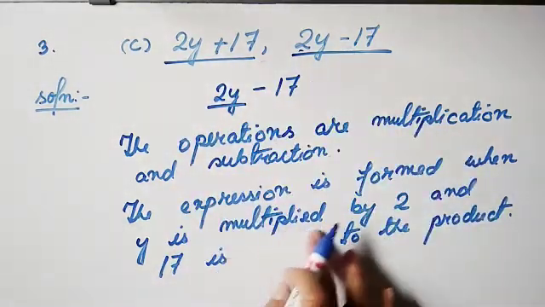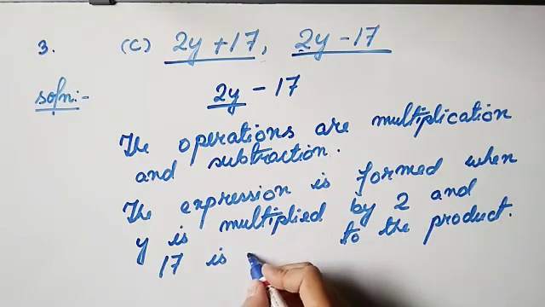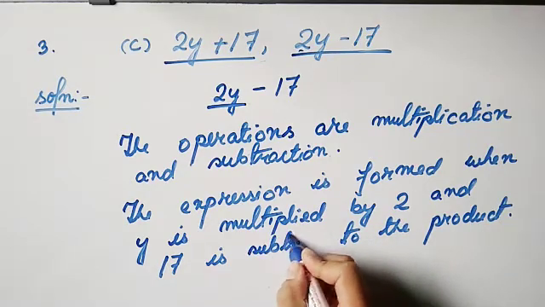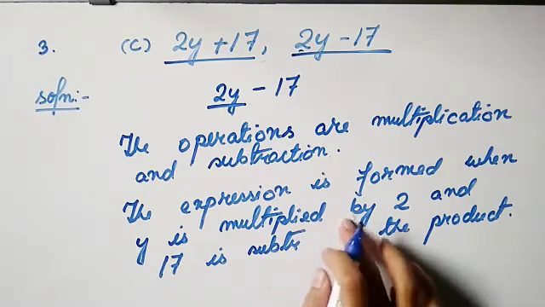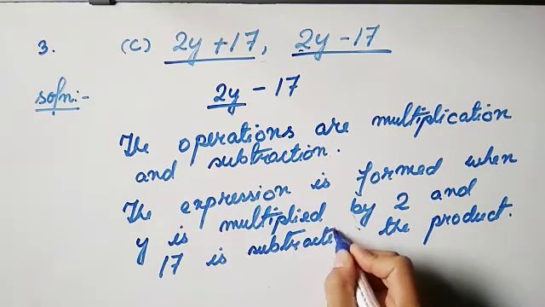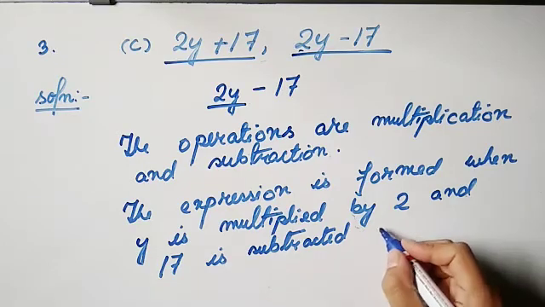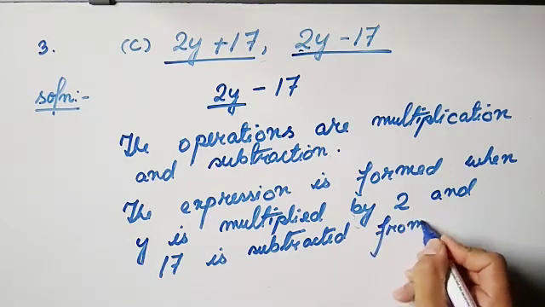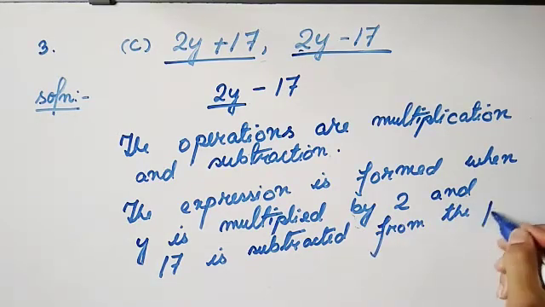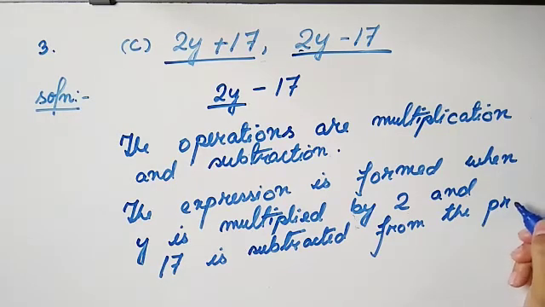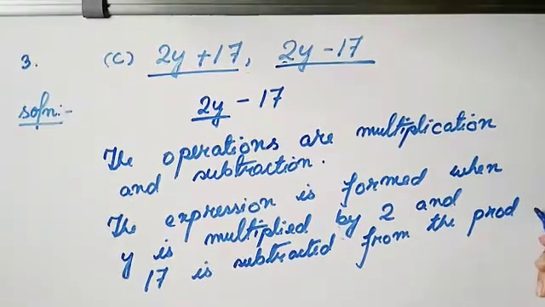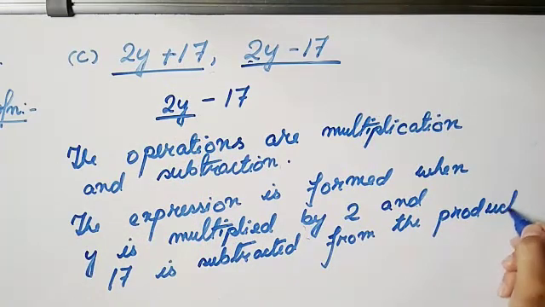So 17 is subtracted from the product. Instead of to the product, it will be from the product. So this is the answer.